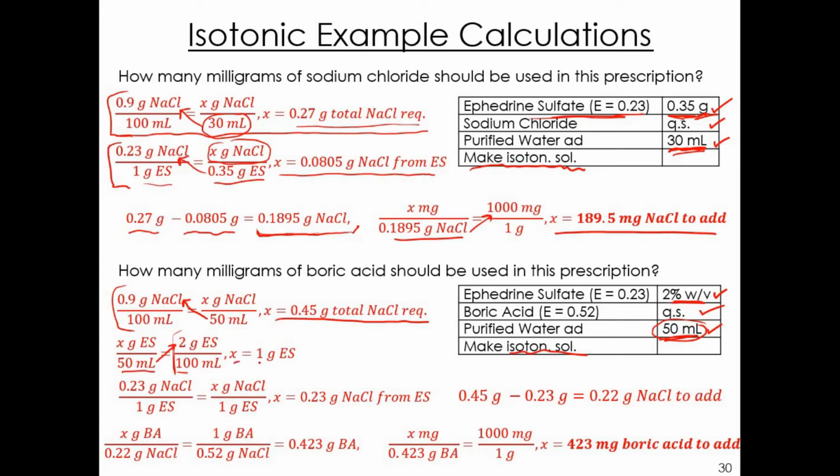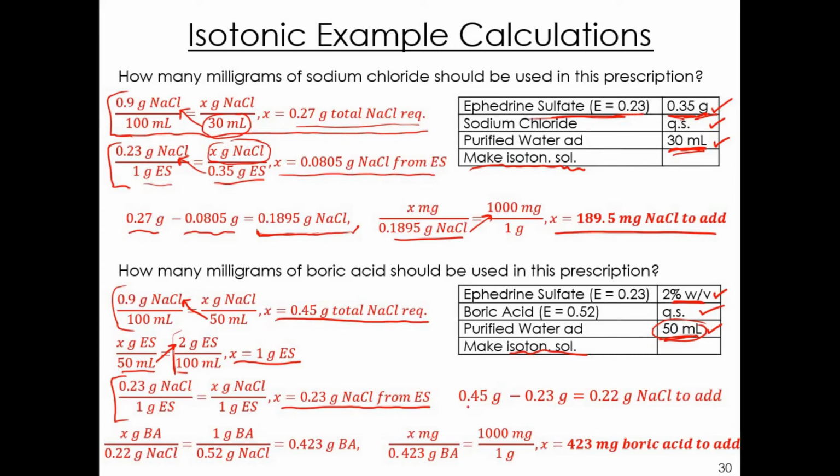We cross multiply and see that the prescription will contain 1 gram of ephedrine sulfate. And now we account for its contribution to the particle total by using its E value, which is 0.23 grams NaCl for every 1 gram of ephedrine sulfate. So that 1 gram represents 0.23 grams sodium chloride in solution.